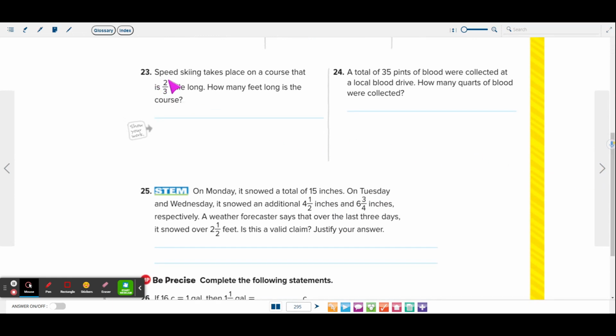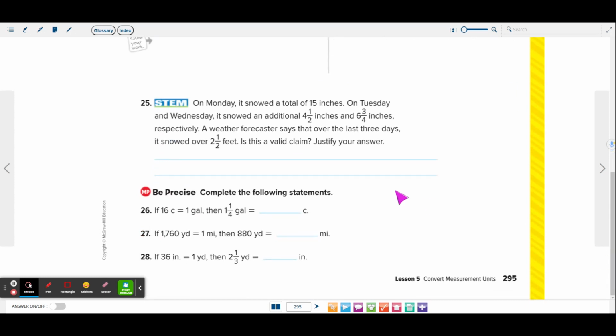23 is a word problem. 2/3 of a mile long. How many feet is that? So 2/3 of a mile converted to feet is what you're doing for that one. 24, we have 35 pints of blood. They want to know how many quarts that is. So you're going to do that conversion. 25, it looks like you need to add all of those up.